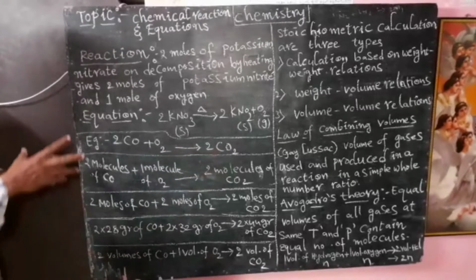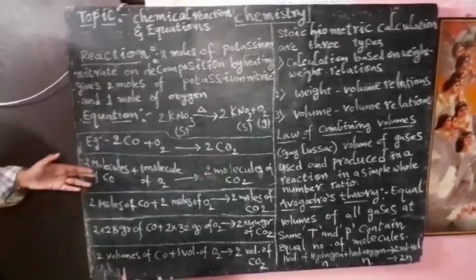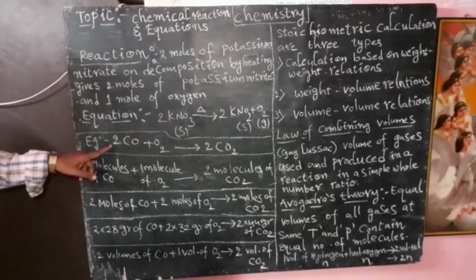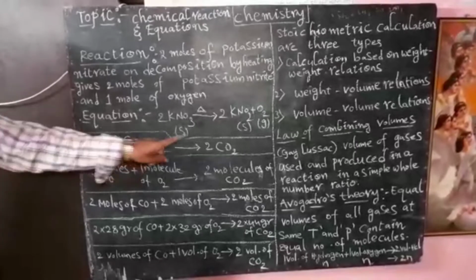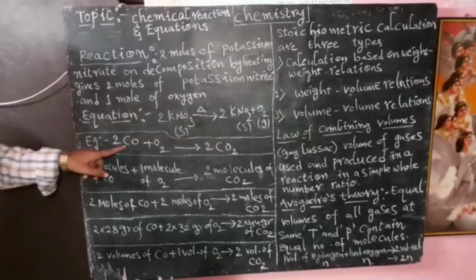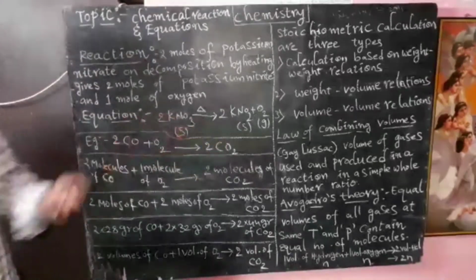So here the given equation gives the following information. What is that following information? So here 2 molecules of carbon monoxide react with 1 molecule of oxygen, producing 2 molecules of carbon dioxide, as well as 2 moles of carbon monoxide react with 1 mole of oxygen, producing 2 moles of carbon dioxide.